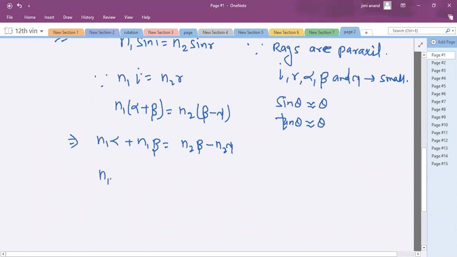So n1 alpha plus n2 gamma is equal to, if you take n1 beta to the right side, beta will be common, so n2 minus n1 into beta. Understood up to this point? This is a very easy calculation.